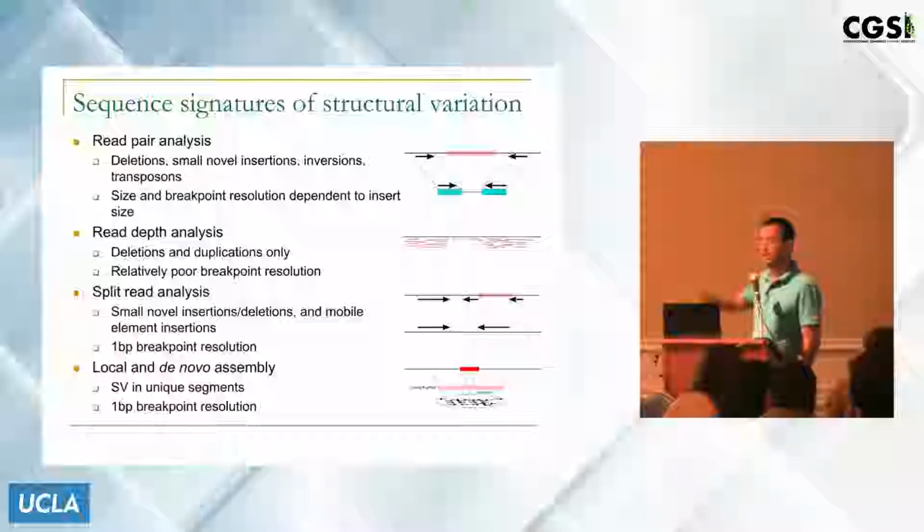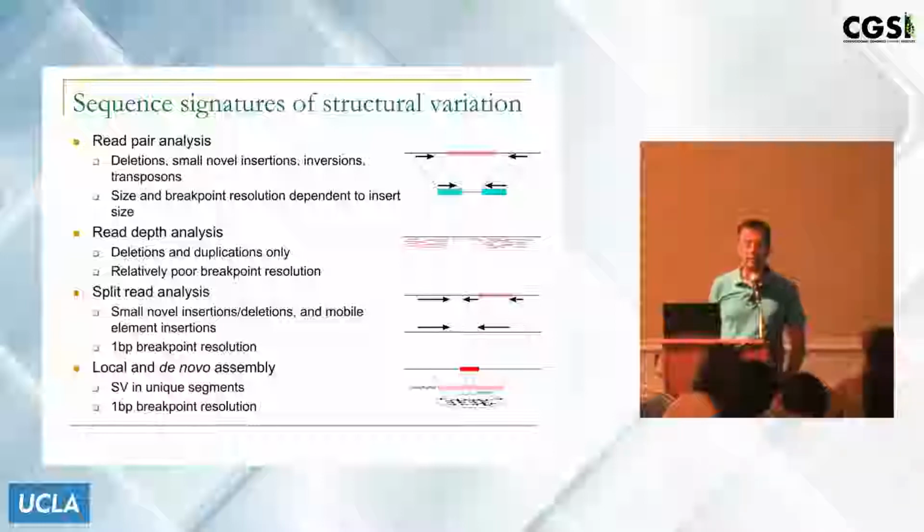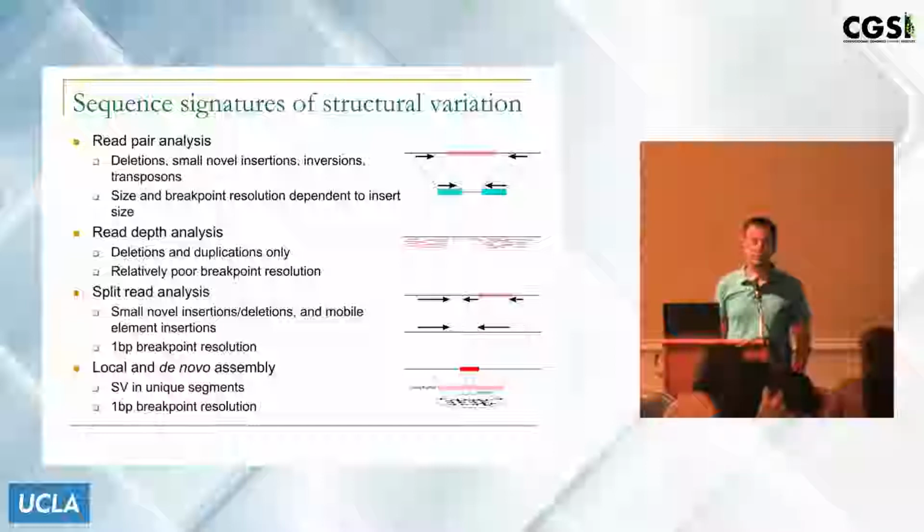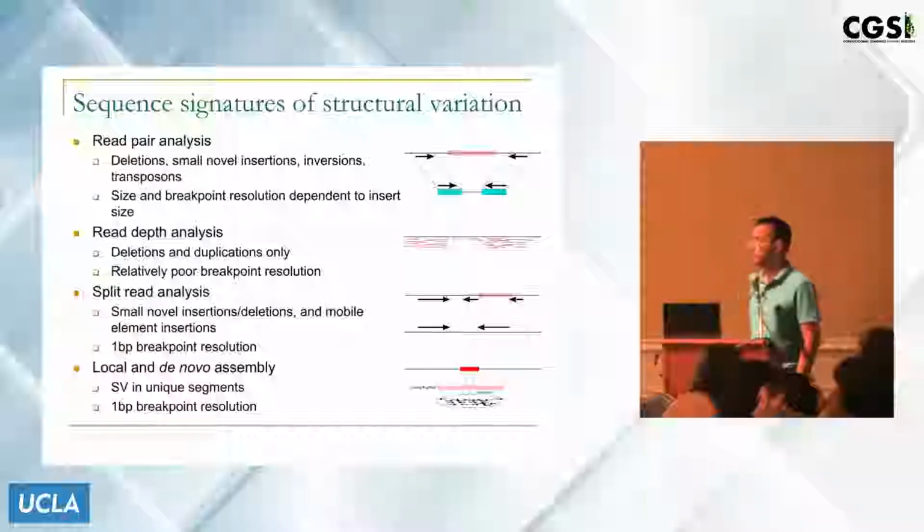So if it is too big, let's say the average is about 500, and then when you map them to the genome, they are mapped about 5,000 base pairs from each other. This is going to tell you that there is probably a deletion of size 4,500 base pairs. Obviously, you are going to require more evidence than just one single read pair. So in theory, you can find all forms of structural variation.